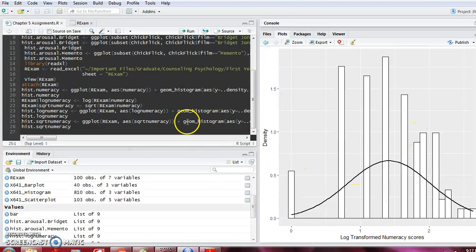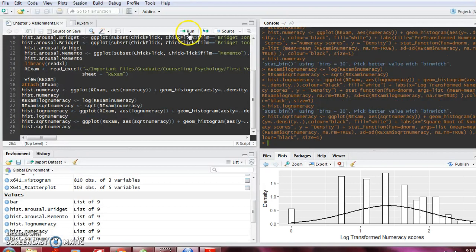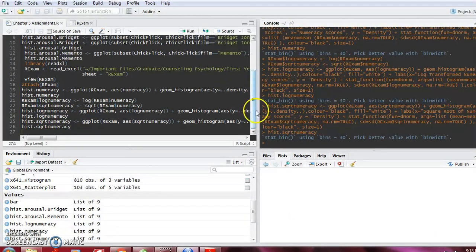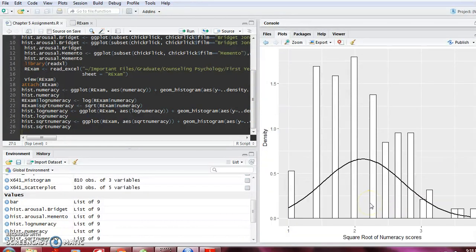So now we are going to plot the square root numeracy scores transformation data. So I ran that. Okay. So what we see now is, well, let's go back once again.